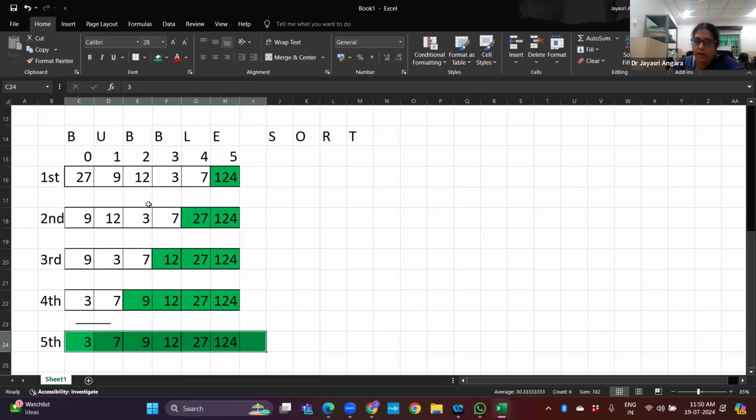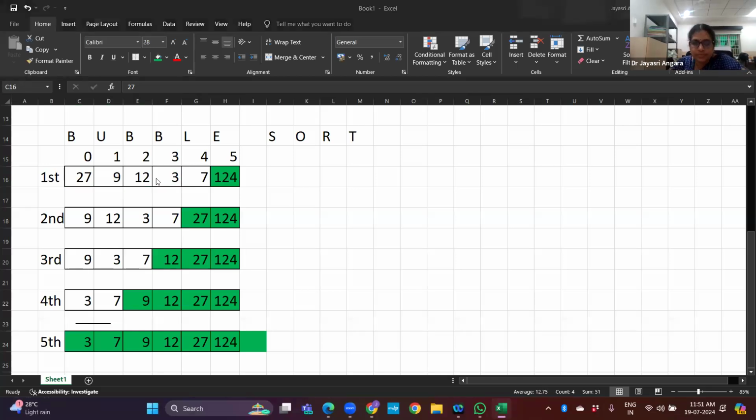Here i represents iterations: first iteration, second iteration, third iteration. This is what is represented with the iterative variable i. And j represents traversing from left to right to compare each and every element. That iteration is represented with the variable j.